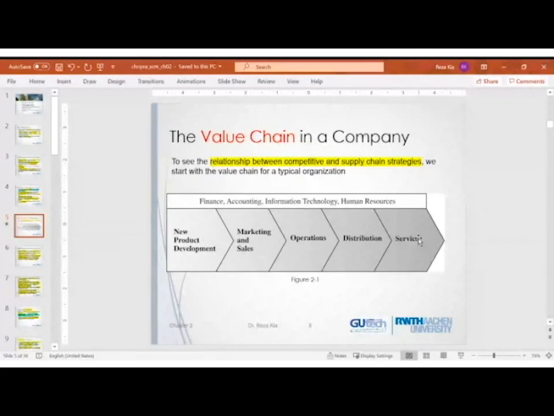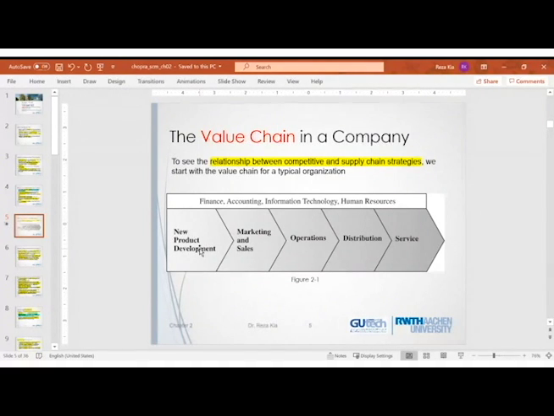So here you can see the relationship between competitive and supply chain strategy. In the continuation, we will discuss the relationship between competitive strategy and supply chain strategy. But in this figure, I just started with the supply chain strategy.